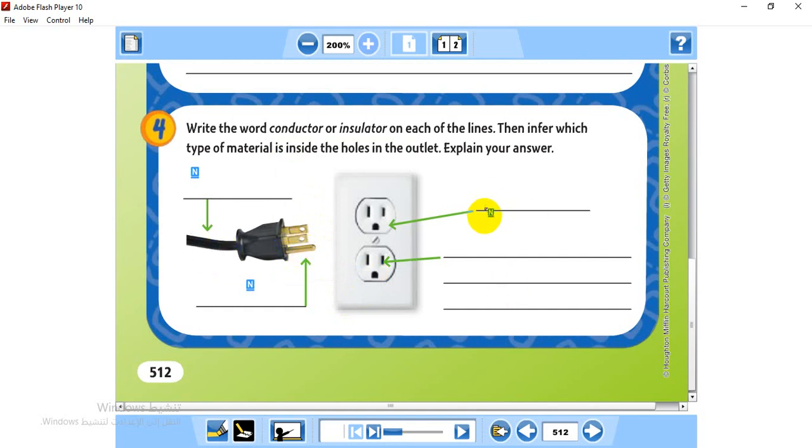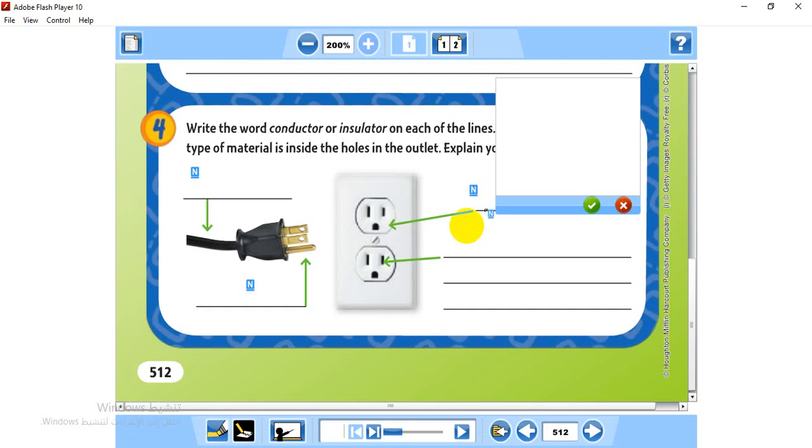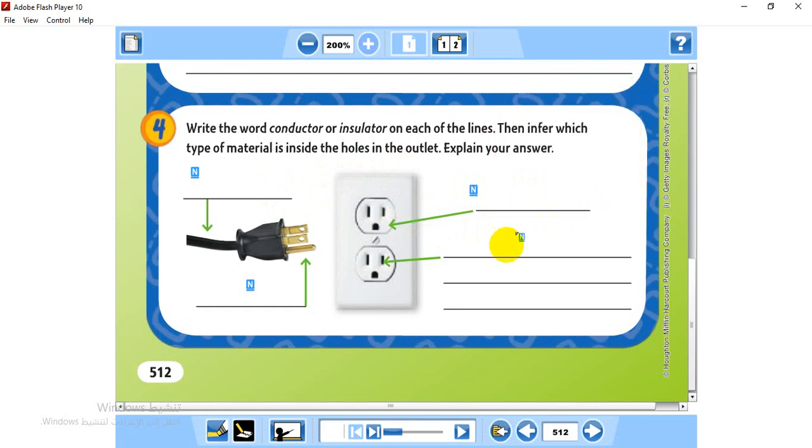Let's go now here. The cover of the outlet in the wall is made of plastic, so it is an insulator. Here, inside the holes of the outlet itself, there are metals.